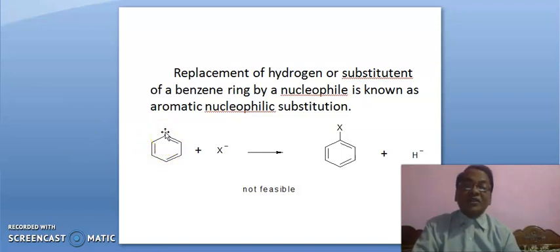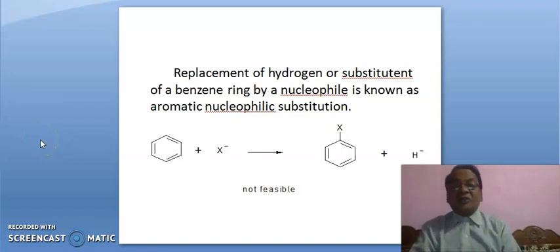Hydrogen of this benzene is removed as a nucleophile, that is hydride, and another nucleophile is being attached in this position. Therefore, removal of a nucleophile by another nucleophile is known as nucleophilic substitution, and if it takes place in an aromatic compound, that is benzene, it will be aromatic nucleophilic substitution.